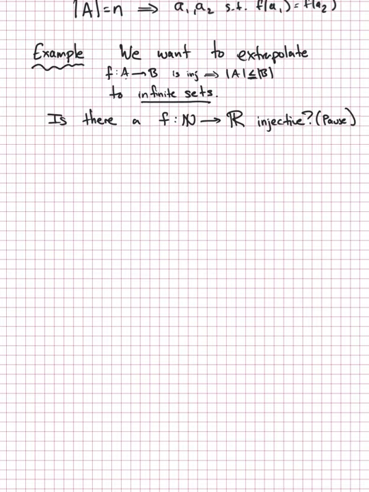Well, sure there is, right? I can just take f of n to be n. There's actually tons of injective functions. These are all sequences that don't have the same value every time. So f of n equals n is a perfectly good injection. And we say then that the cardinality of N is less than or equal to the cardinality of R.